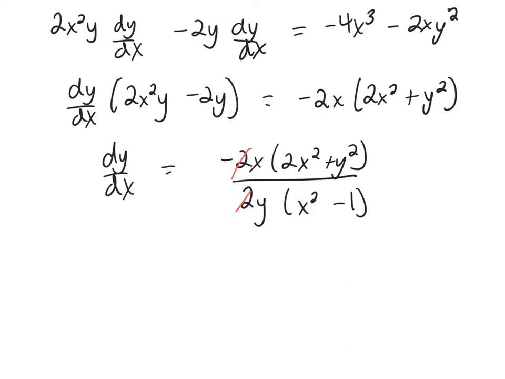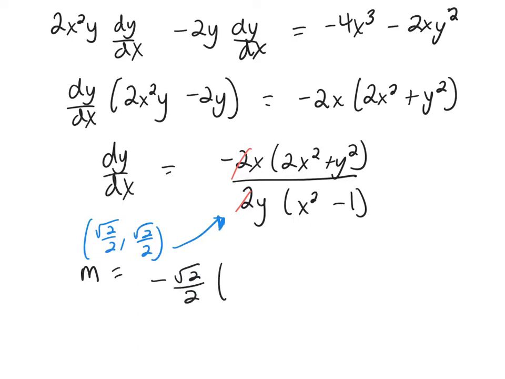So now I'm ready to find, remember what I'm trying to find is the equation of my tangent line. So I start by finding the slope of my tangent line. I'm going to plug in my point. So reminder, our point was square root of 2 over 2, square root of 2 over 2. I'm going to plug this point into my derivative to get the slope of my tangent line. So negative square root of 2 over 2 times 2.